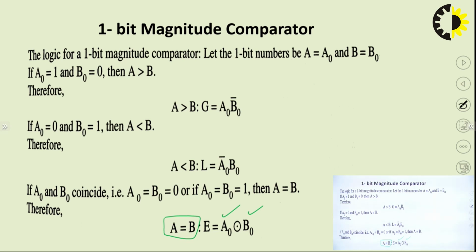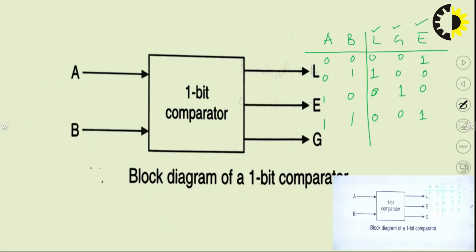Now what about A is less than B? A is less than B for A bar B. A is greater than B for A B bar.